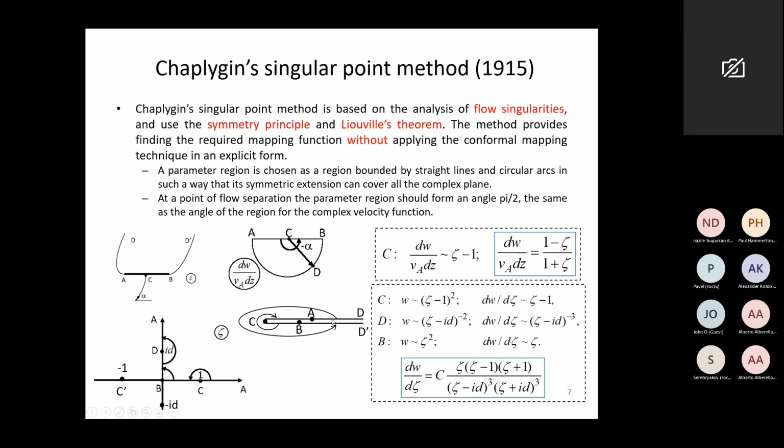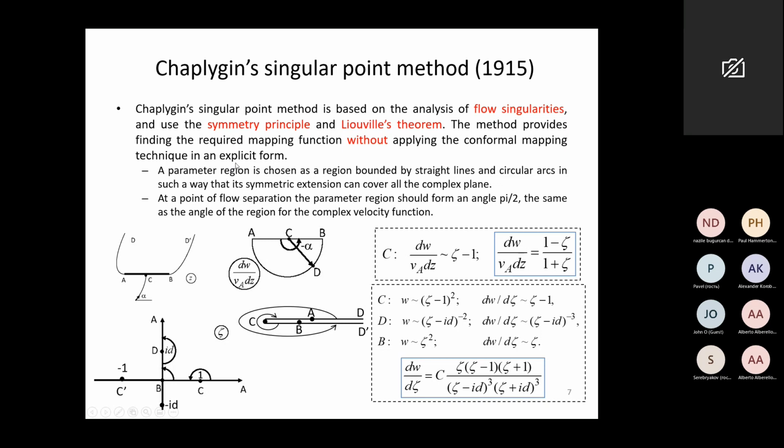So let's start to analyze the complex velocity. For example, here. Complex velocity obviously has a 0, because velocity is 0 at the stagnation point. And there is no point in the flow domain where velocity is 0 or infinity. It means that complex velocity has only one 0 at point C, which is chosen to be equal to 1.